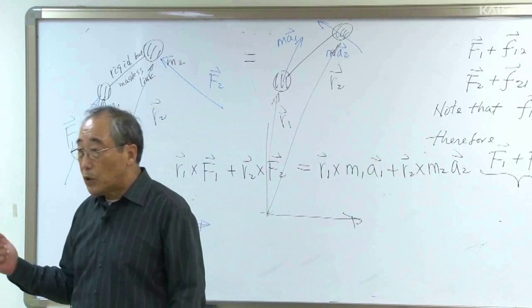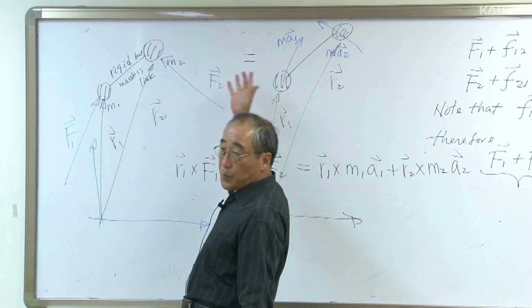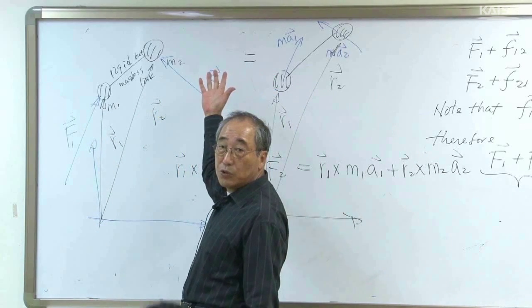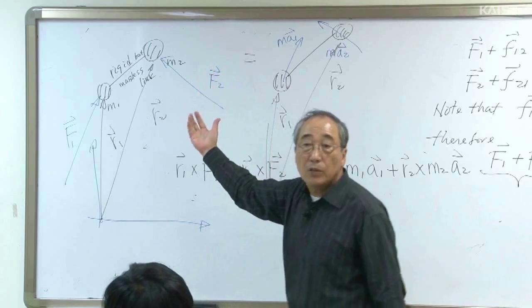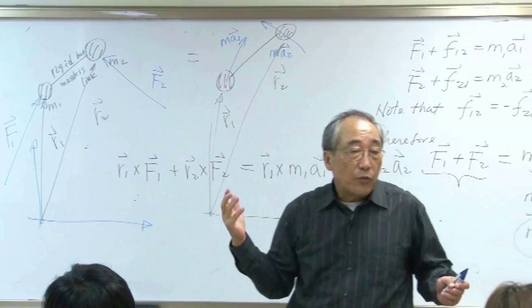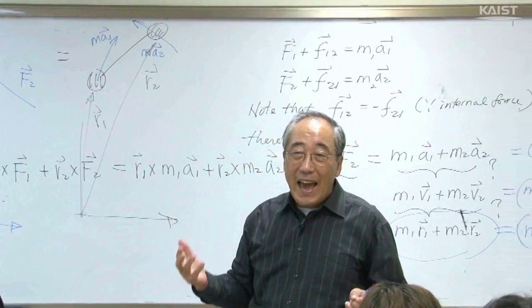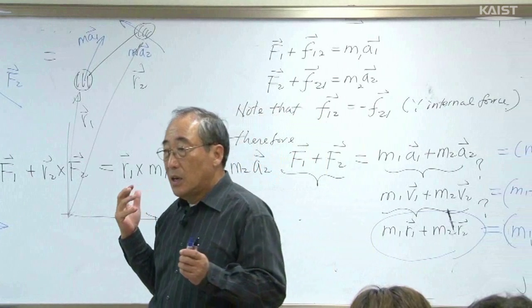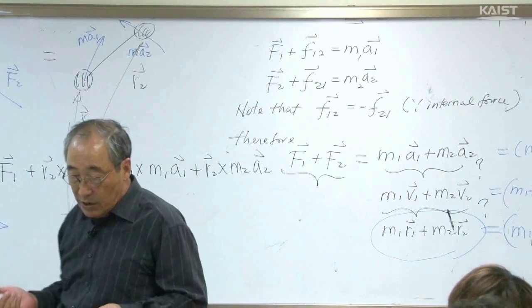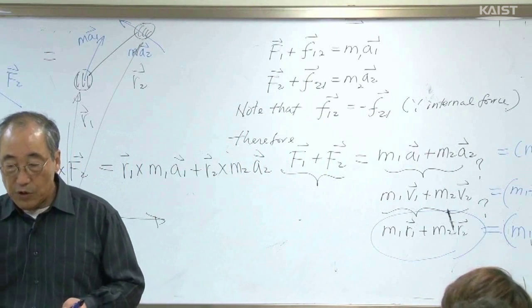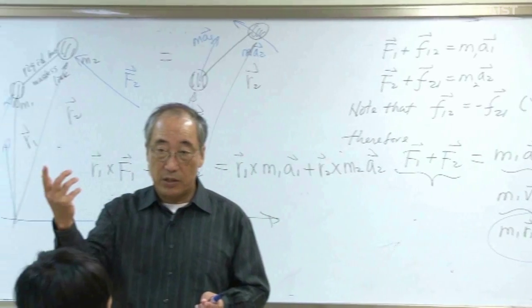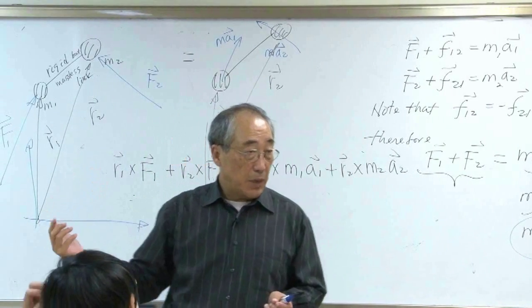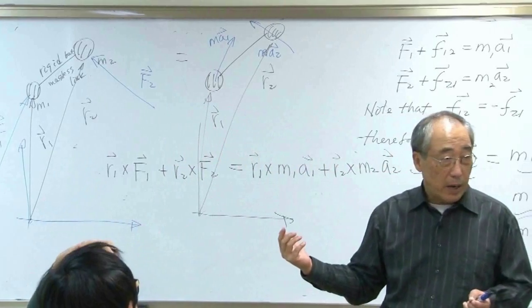Yes, it should be correct because this pictorial expression of Newton's second law is a correct one. What I just added is the position vector, and I take a moment with respect to all the vectors. That's mathematically completely correct.